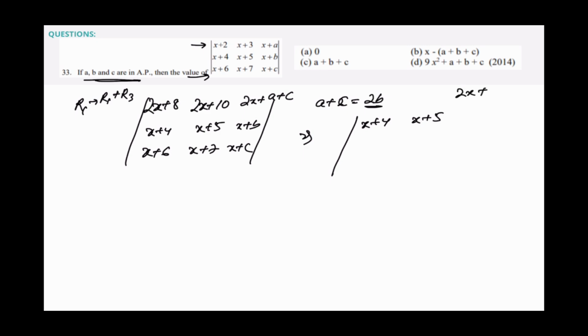Now 2x plus A plus C is what, students? 2B. So if I take 2 out, x plus B. If you see this, first row and second row are both the same, so identical, so 0. Clear? 10 seconds max.